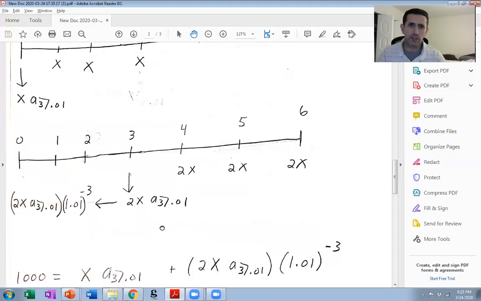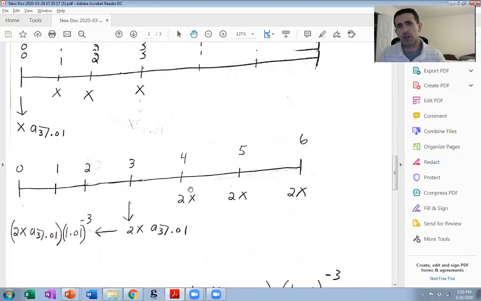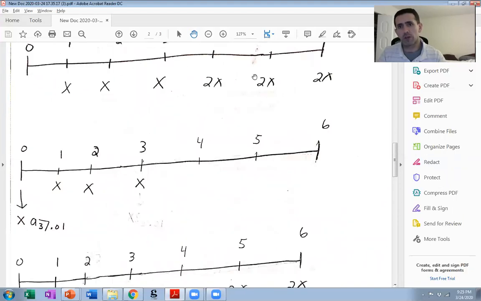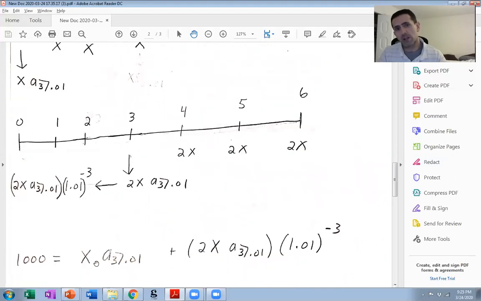So you just add these up. Again, this is the present value of all the loan payments, these 6 loan payments: X a-angle-3 at 0.01, plus 2X a-angle-3 at 0.01 times 1.01 to the minus 3, taking this and discounting it by 3 months. So that's the present value of the loan payments.